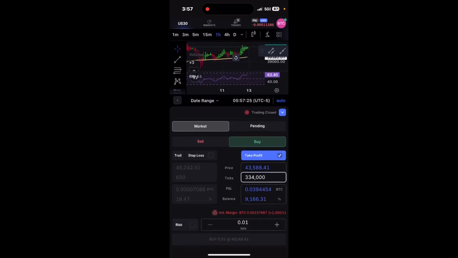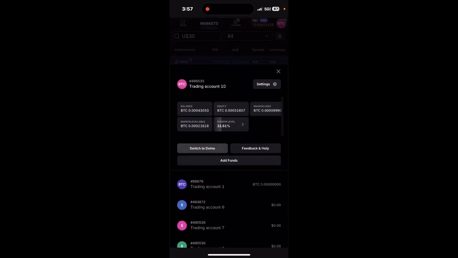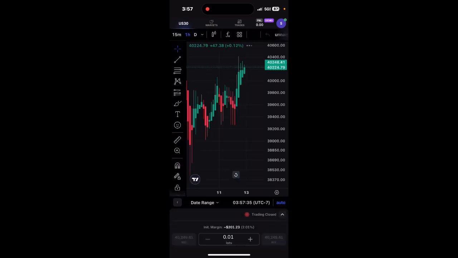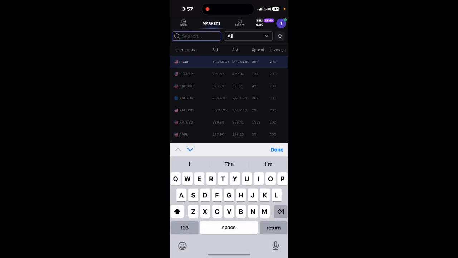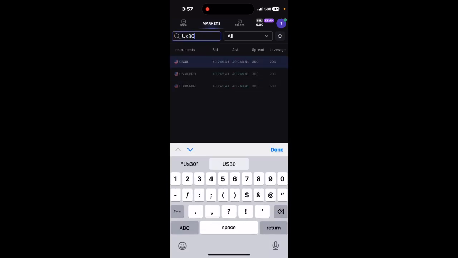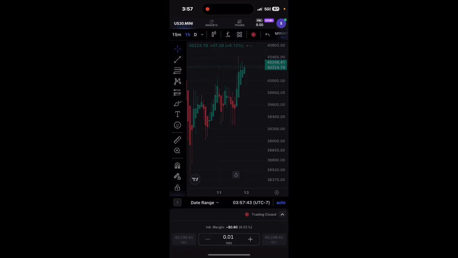So yeah, it's about the same thing. What I would advise for those that want to trade the US30, since it is volatile, is to start with the mini because you don't have to put a lot into it.